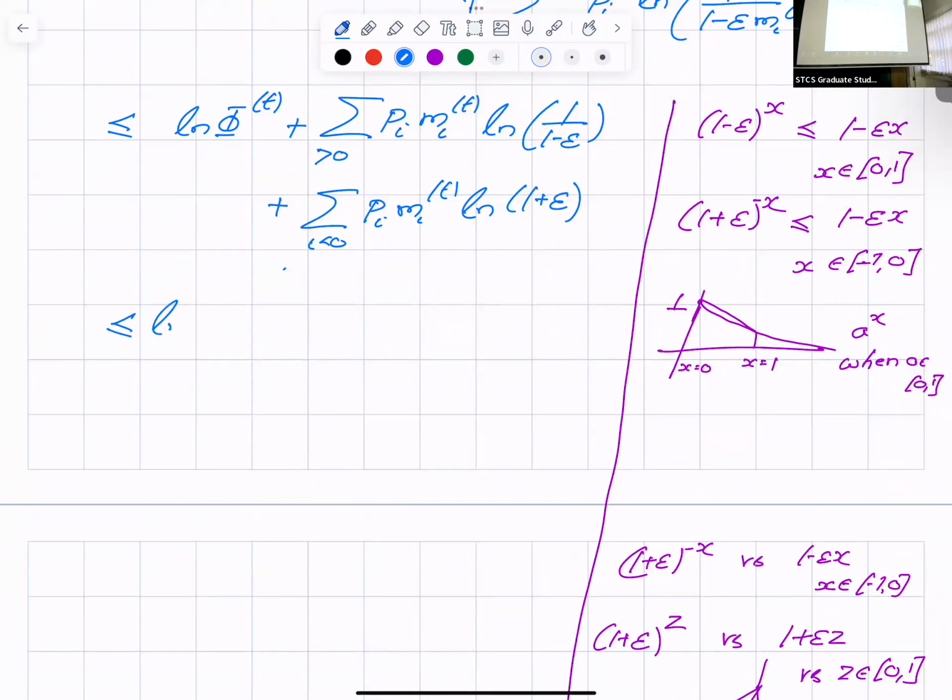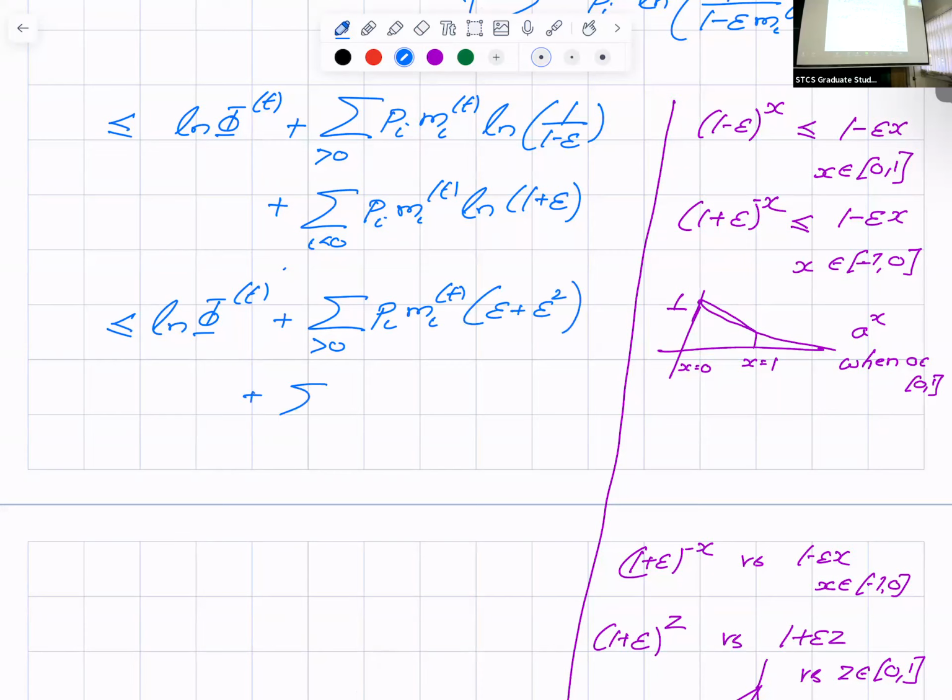The next approximation we'll use is the approximation we had used once again before. Greater than 0. Ln of 1 minus epsilon, its expansion is epsilon plus epsilon square by 2 plus epsilon cube by 3 and so on. So I'm just going to upper bound it by epsilon plus epsilon square. It's just pi mit times epsilon plus epsilon square.